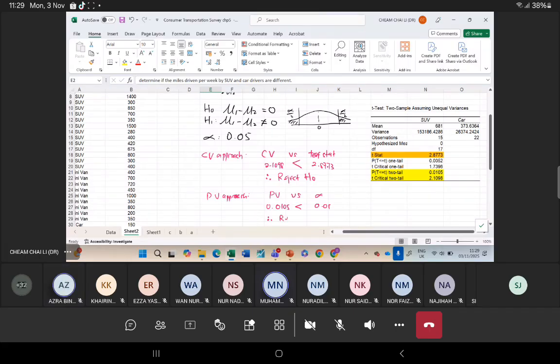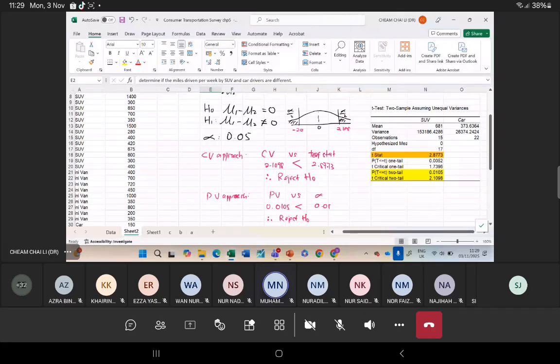Okay, if you want to look at the graph, you can see again. This side is the critical value, right? The critical value on the right side is positive 2.1098. On the negative side, you put negative 2.1098.